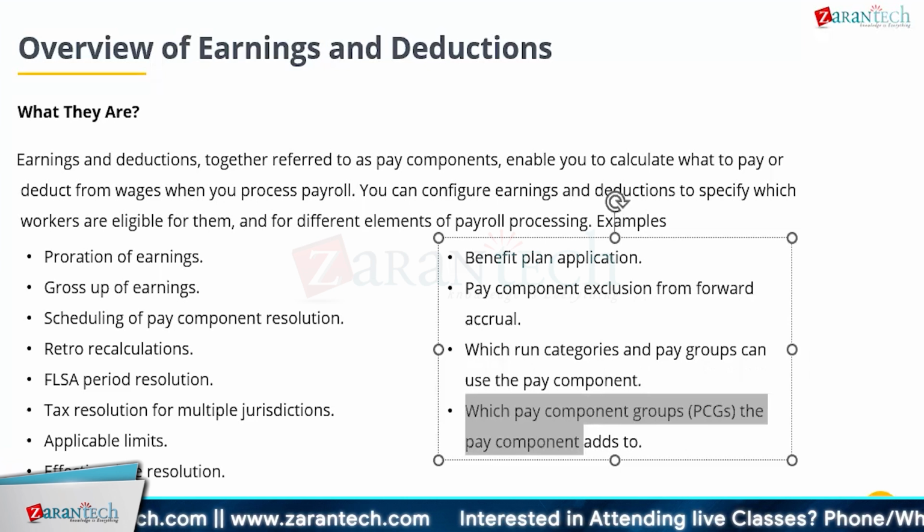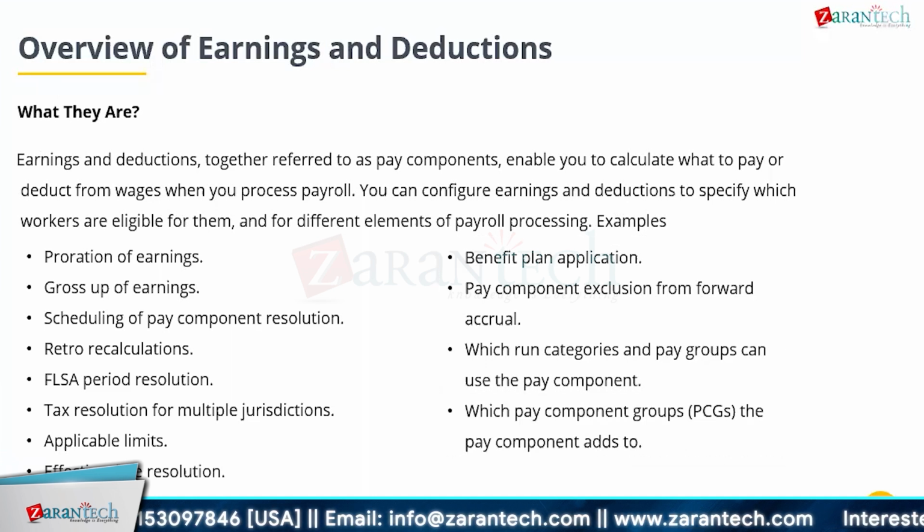PCG is basically pay component group, and it sums your earnings and deductions. At the earning level, you can tell that this earning goes to these PCGs. We'll see how there are Workday delivered tax PCGs which we attach to earnings, and that drives the taxation for those. So for the PCGs also, we attach them at the earning and deduction level.